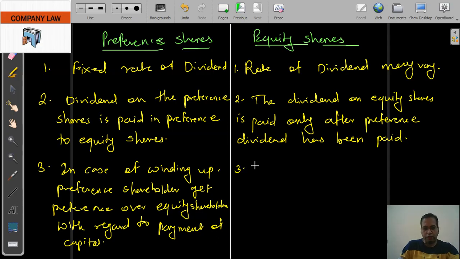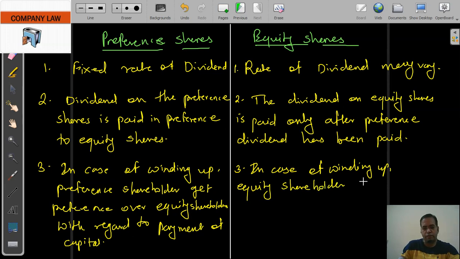So what you will write down over here, in case of winding up, equity shareholders get payment of capital after the preference shareholders.